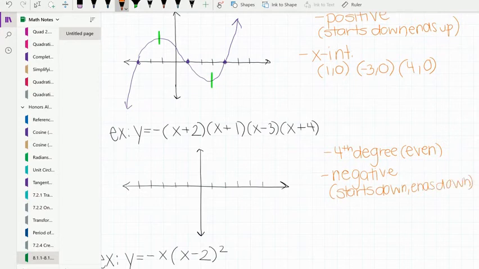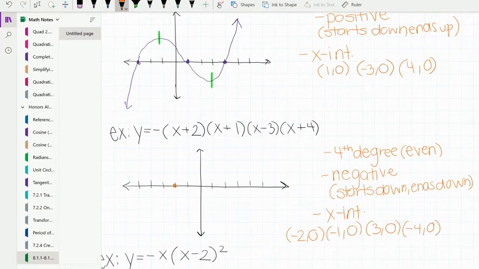So that's important to know so we can sketch our graph. Okay, and then the next step, we have to find our x-intercepts. So if I were to set each of those equal to 0, we would have -2, 0, -1, 0, 3, 0, and -4, 0. All right, so let's go ahead and plot those x-intercepts.